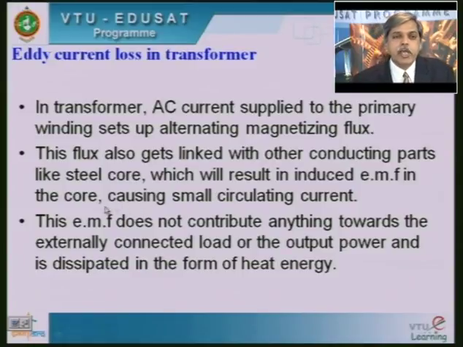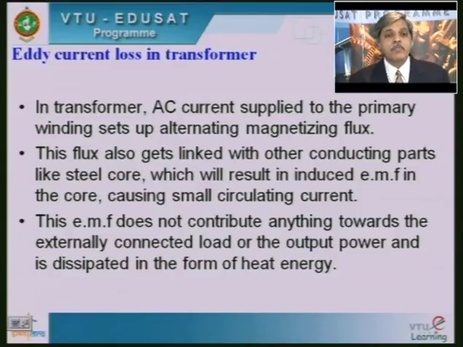Now this induced EMF causes a circulating current, which is opposed by the resistance of the core, which is inversely proportional to the cross-sectional area of the core. This induced EMF will not contribute towards the energy transfer from primary to secondary of the transformer.